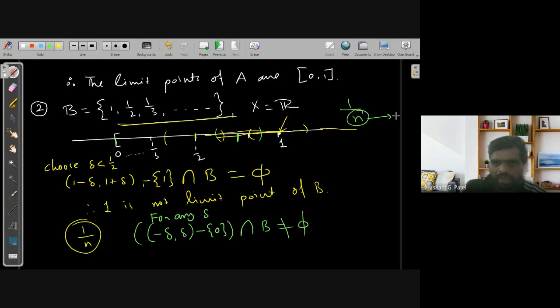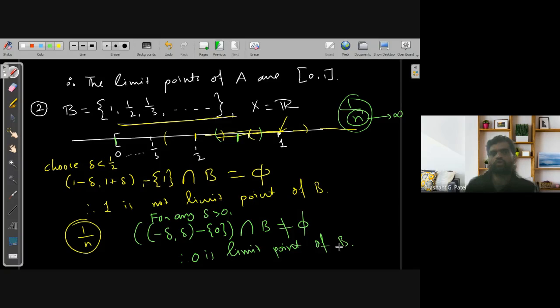As n tends to infinity, this goes to 0. So any interval you pick, whatever number greater than 0, we have this. Therefore we can say that 0 is a limit point of B. So the only limit point of this set is 0.